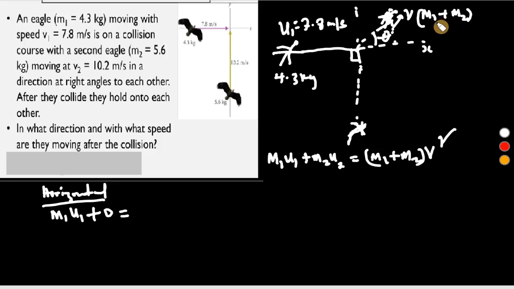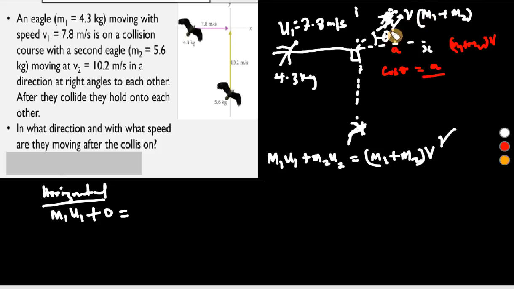Of course, the momentum after the collision will be m1 plus m2 all to bracket V. From the idea of vector resolution into components, our idea is to find this part. Let's label it A. Looking at this, it is adjacent upon hypotenuse, so cos theta equals adjacent upon hypotenuse.